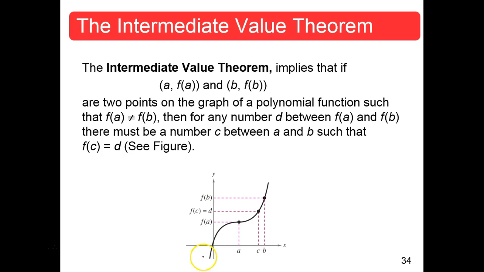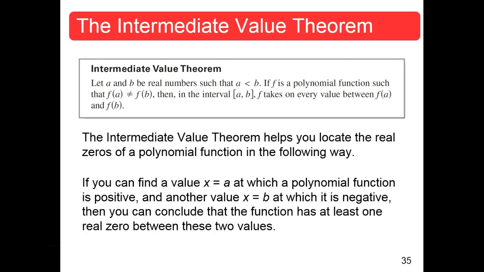What if your function did this? That still could be a polynomial function, and there could be other values outside of f of a and f of b, but still every value in between f of a and f of b have to be covered. So it's not exclusive, it's not if and only if, it's just saying that f takes on every value between f of a and f of b, though there could be other values it takes on outside of that. What's more, it could take on every value between f of a and f of b multiple times.